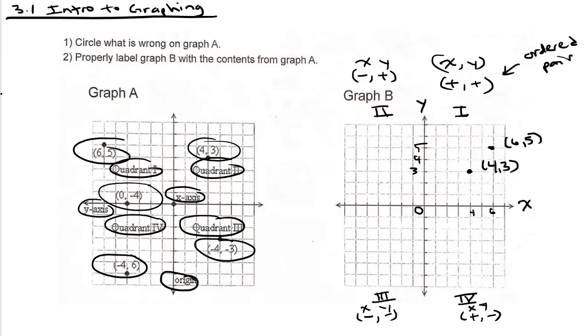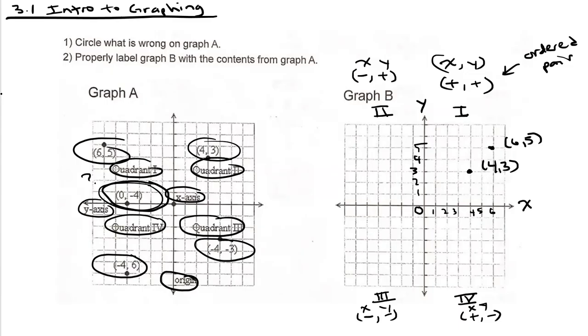And then where's 0, -4? Where's this going to be? Where would that be? Down 4 from the middle. Good, right?